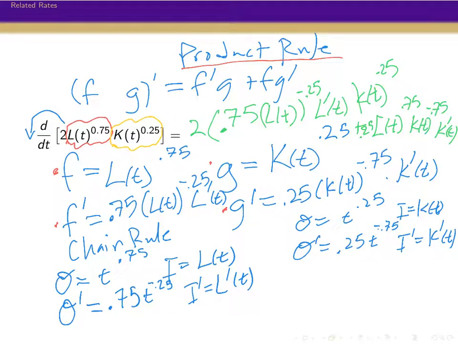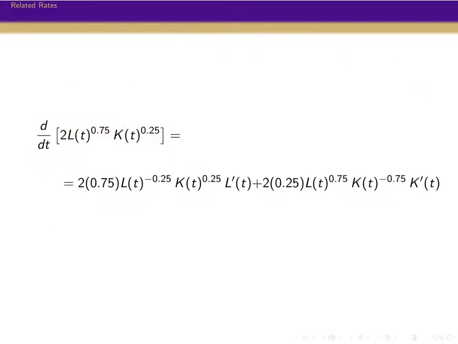At this point, this work is getting mighty messy, so it would be nice if I could just wave a magic wand and make it look pretty. Oh, there it is. Distributed the 2 between these. So that was everything that was written before, but a lot nicer looking. And then if we notice, we've got some negative exponents here, but this is negative 0.25, and then we have positive 0.25 right there.